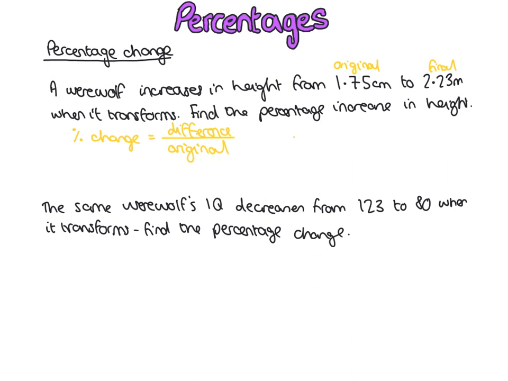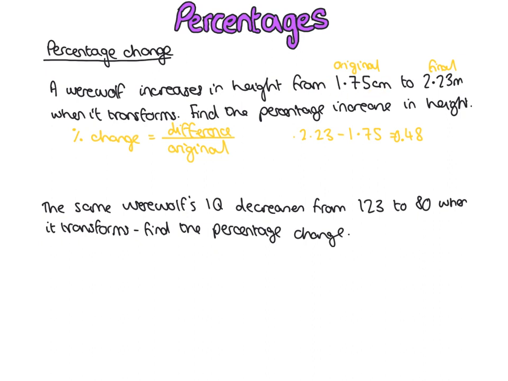So, how do we find our difference? It's one minus the other. So that looks like 0.48. In this case, you obviously need to be careful with your units. Let's just check that. Minus 1.05. Yeah, 0.48. And which is our original? This one is our original. It started at 1.75.